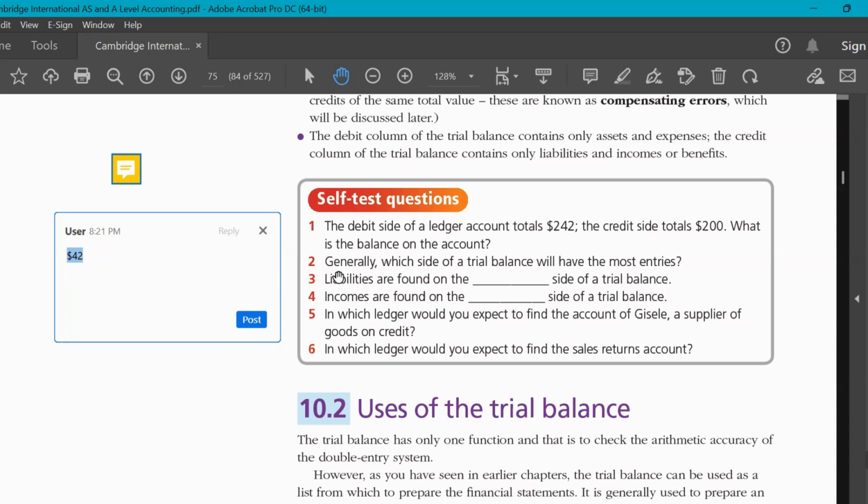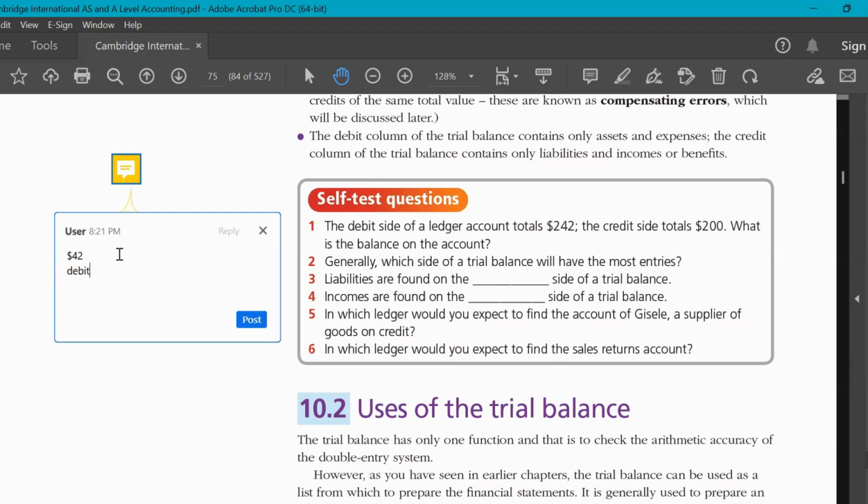Number two, generally, which side of the trial balance will have the most entries? The answer here is, of course, debit. Why debit? Because it includes all the assets and expenses.